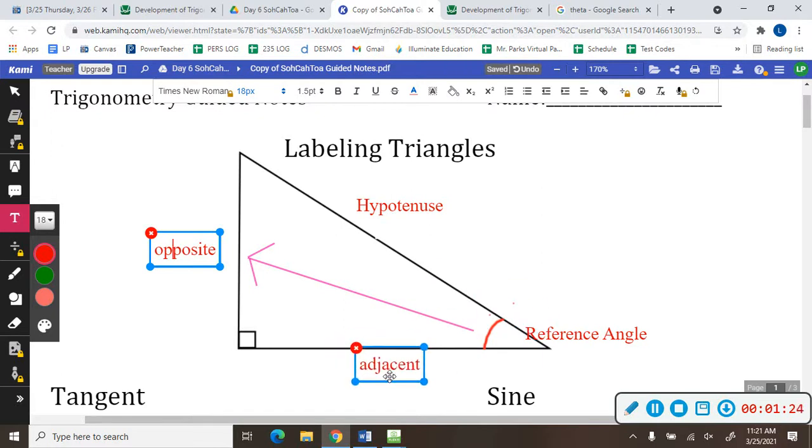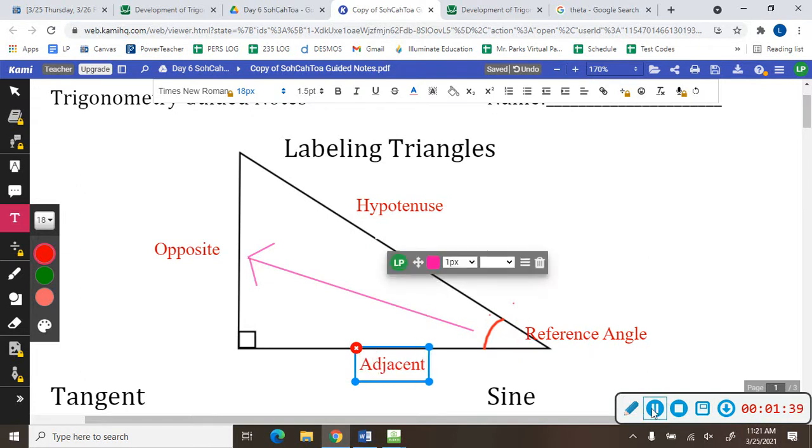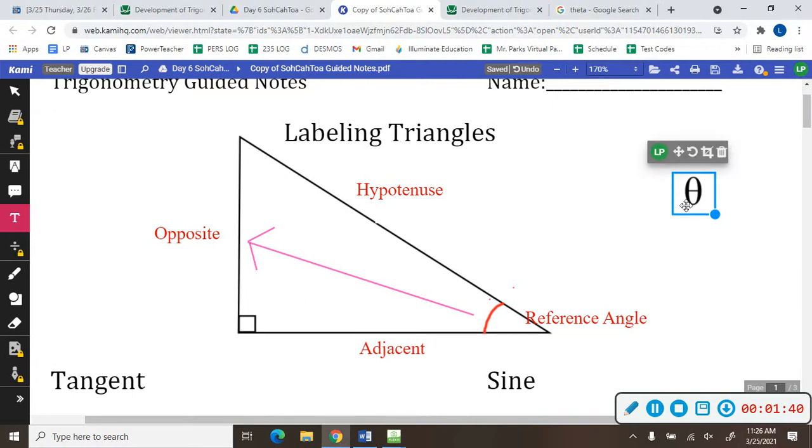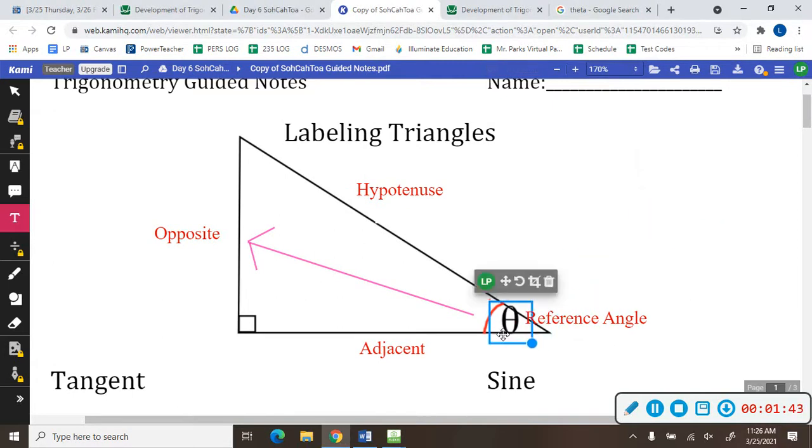Now, we don't normally call them opposite, adjacent, hypotenuse. We usually just abbreviate those as H for hypotenuse, O for opposite, and A for adjacent. Now this reference angle, we use theta to represent what angle we're looking for.